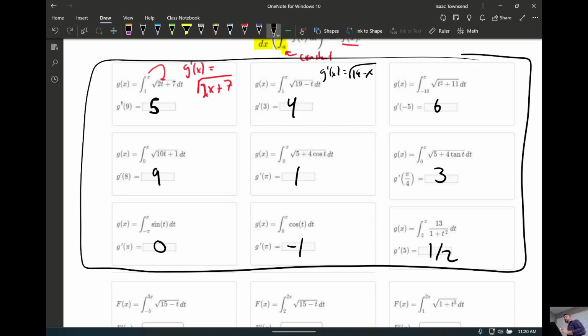Give everyone a few minutes to try those 9. But when you're finished, feel free to try the next one to see if you remember how to do it before I tell you.